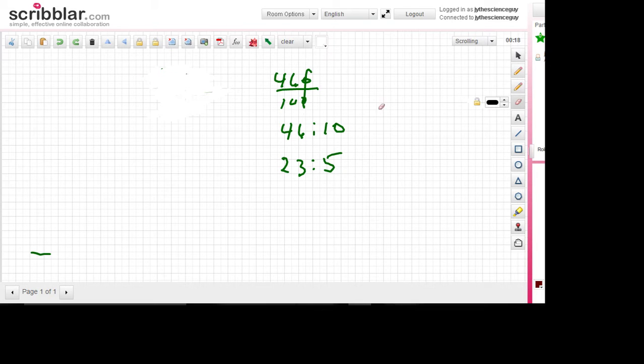I canceled those and then I wrote it as a ratio, right? So I'll write it this way. What can I reduce both of these by? 2. So if I reduce that by 2, what number do you get? That'd be 23 and 5.